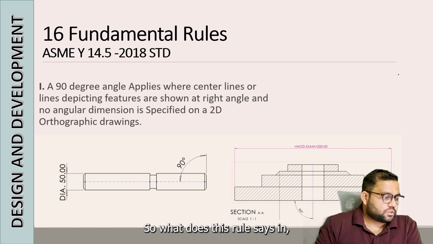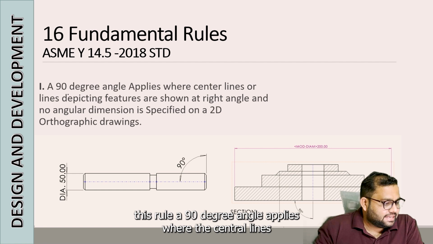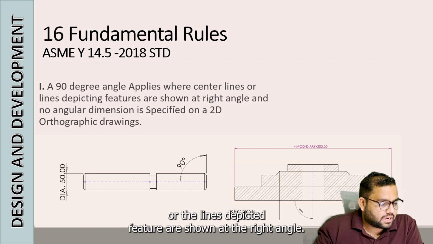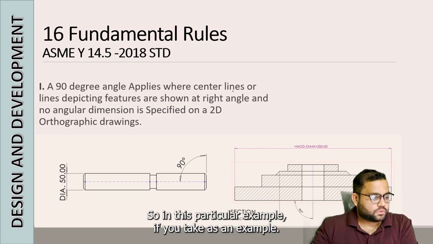So what does this rule say? A 90-degree angle applies where the center lines or the lines depicting a feature are shown at a right angle.